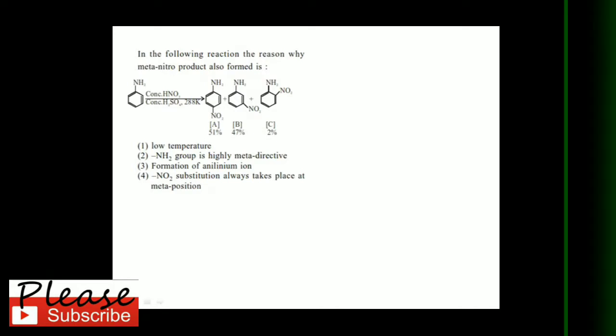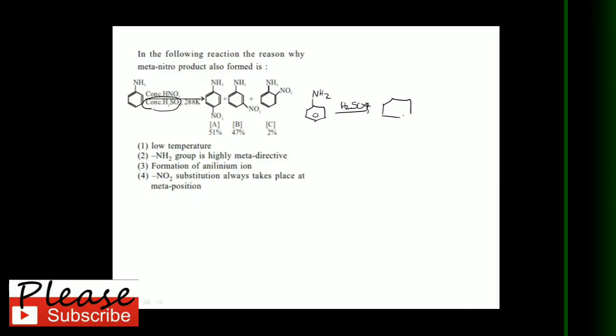So next, in the following reaction, the reason why meta product is also formed. In a nitration of aniline, meta product is formed because of the anilinium ion formation. Due to presence of the strong acid, some concentration of the aniline reacts with the H2SO4, so protonation of the NH2 takes place.